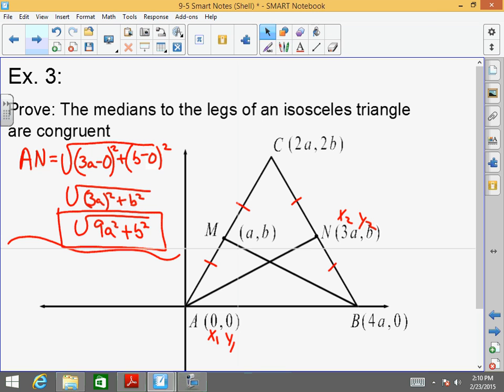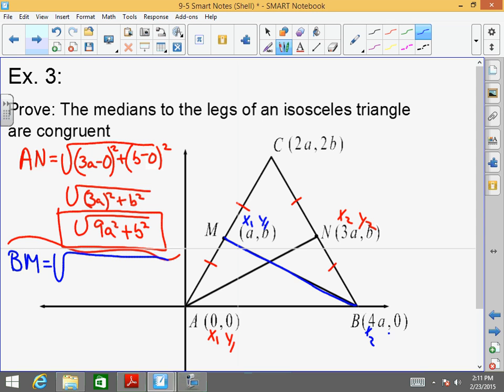Now let's try BM. Label, label, label. Let's go X1, Y1, X2, Y2. So I've got 4A minus A squared plus 0 minus B squared.